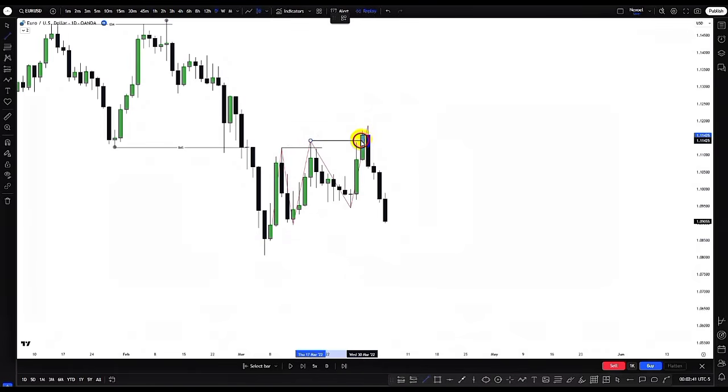It is just seeking the high points, taking out all forms of stop losses resting above the swing high points. And you can clearly see that this also looks like an accumulation because you can see it ranging. It's a consolidated market. It's not really trending. So this is also an accumulation.